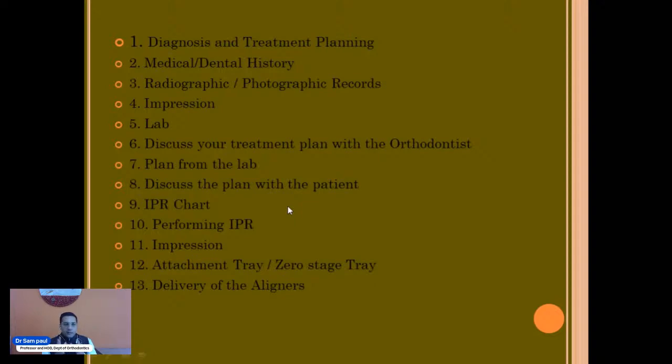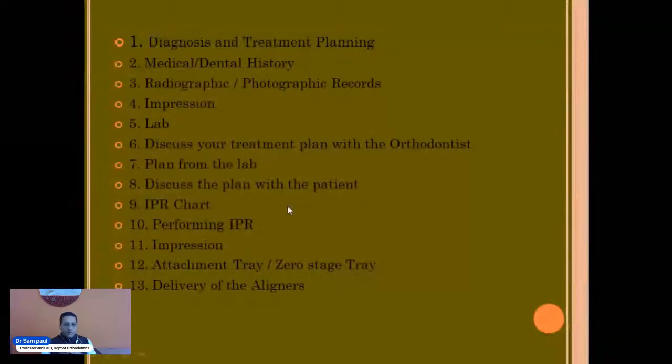Then this impression, whatever you have taken, is sent to the lab. In the lab, they use the CAD CAM technology, and they do a treatment planning. In the coming slides, I will show you that. And again, you discuss your plan with the orthodontist for sure, because only the orthodontist can tell you and guide you to get a proper orthodontic treatment plan.